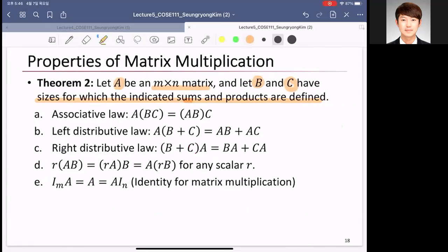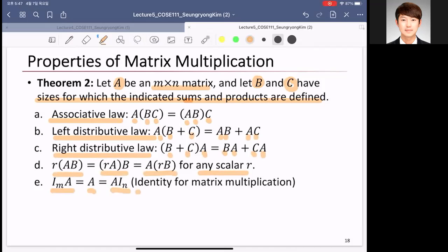Then we will discuss the properties of matrix multiplication. First one is the associative law: A times B times C is equal to A times B times C. The left distributive law is A times (B plus C) is equal to AB plus AC. The right distributive law is (B plus C) times A is equal to BA plus CA, and for any scalar, r(AB) equals (rA)B equals A(rB). And I_m A is equal to A is equal to A I_n.